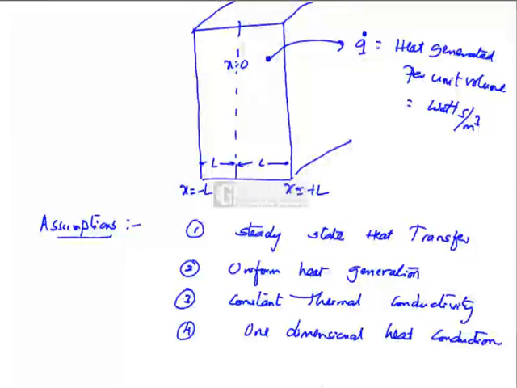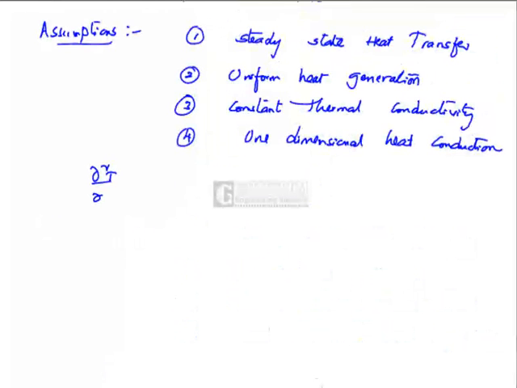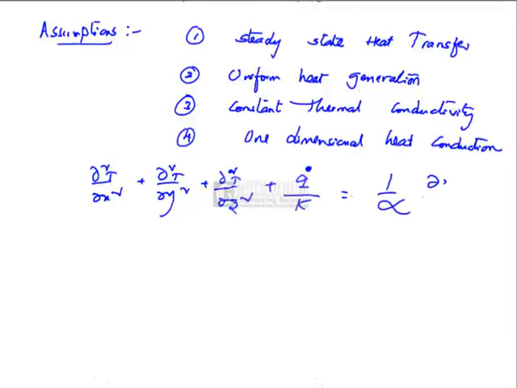So if you bring in the steady state, the generalized heat conduction equation, that is dou square T by dou x square plus dou square T by dou y square plus dou square T by dou z square plus Q dot by K is equal to 1 by alpha into dou T by dou tau. In this case, dou square T by dou y square is 0, dou square T by dou z square is 0, dou T by dou tau is 0.